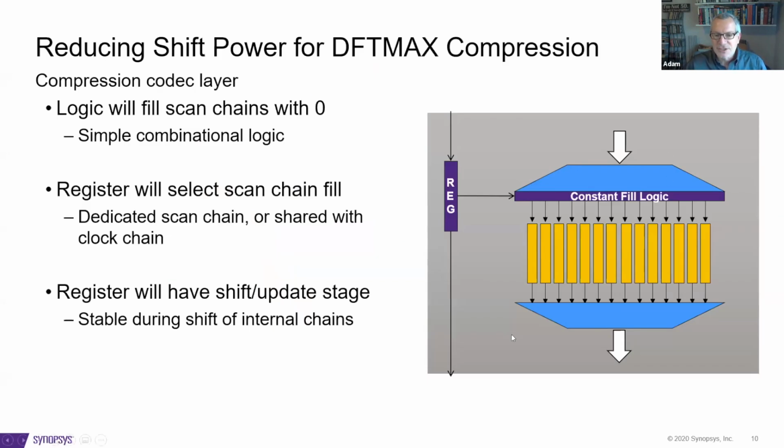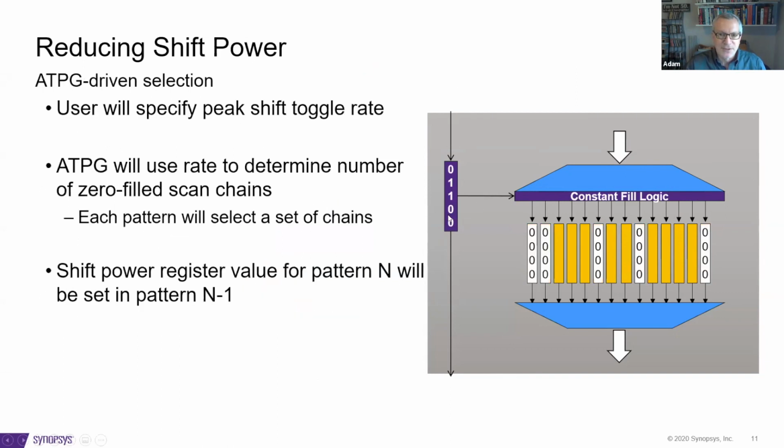There's another collection of mitigations for shift data, which really involves blocking or changing the data that's coming into the design. So if you have a bunch of scan chains coming in, this compressor, a register which can be filled by the pattern generator, can be used to block particular sets of data as it comes into the design, maybe making it all zeros or whatever. And this is, again, an automatic thing.